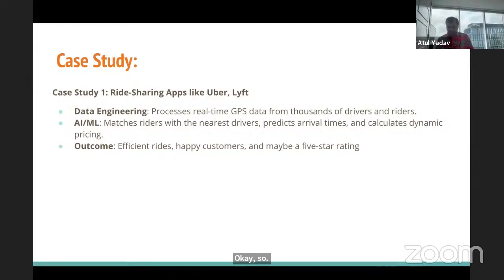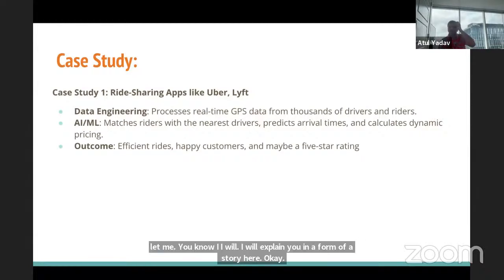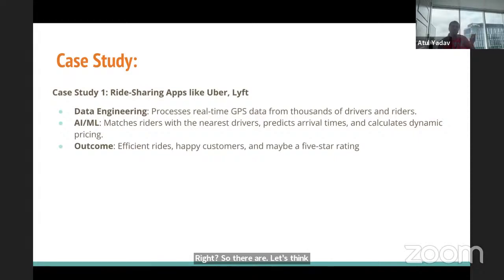Let me explain it to you in the form of a story. Let's think about this. There are a few friends, chatting with each other, and they say, let's develop something, kind of an online Uber app.